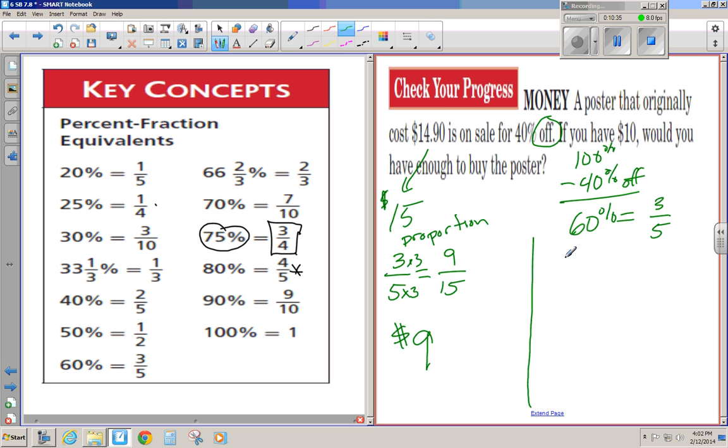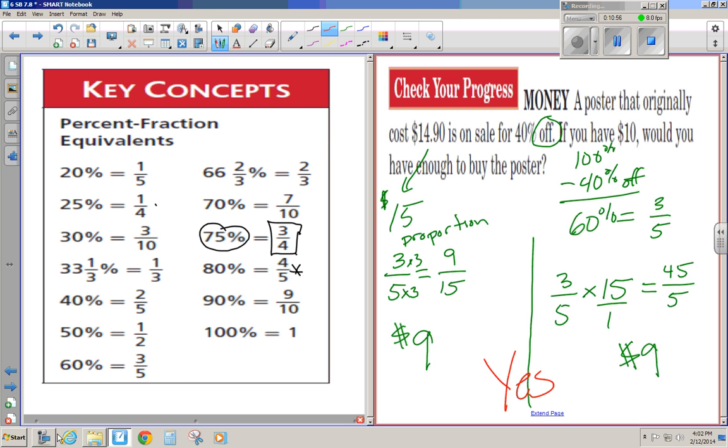Or we could just straight up say 3/5 times 15 is equal to 15 over 1. 3 times 15 is 45. Divided by 5 gives us 9. So do we have enough? You should say yes.